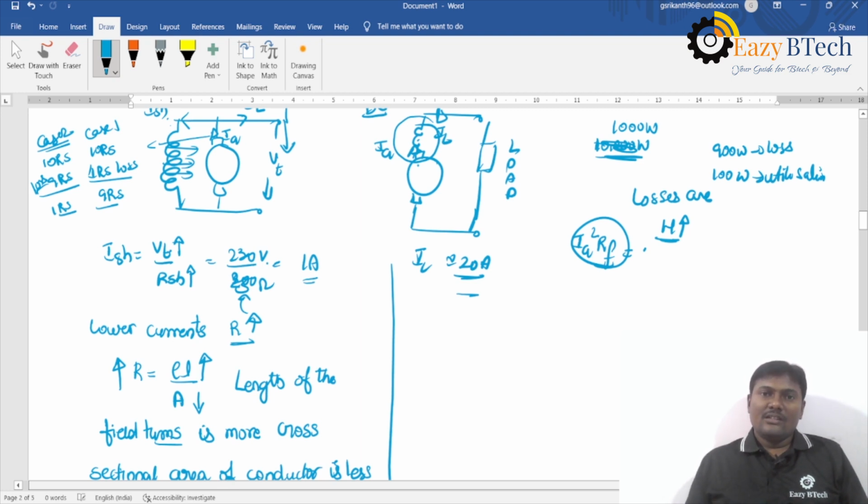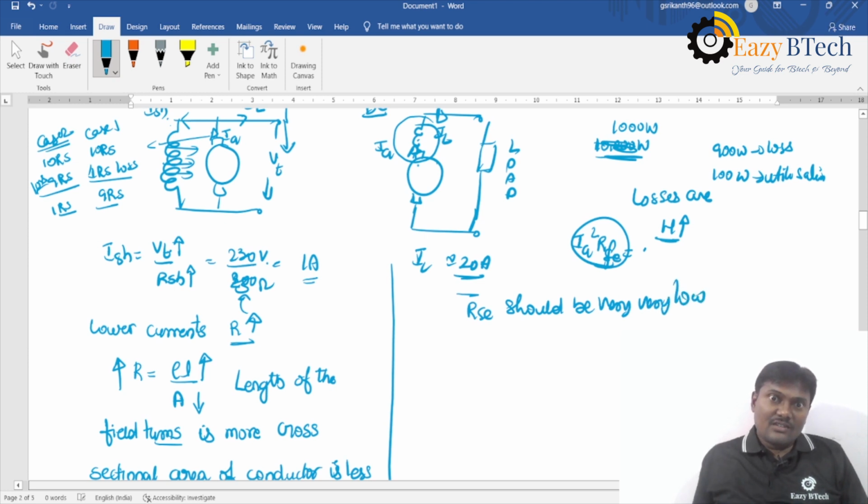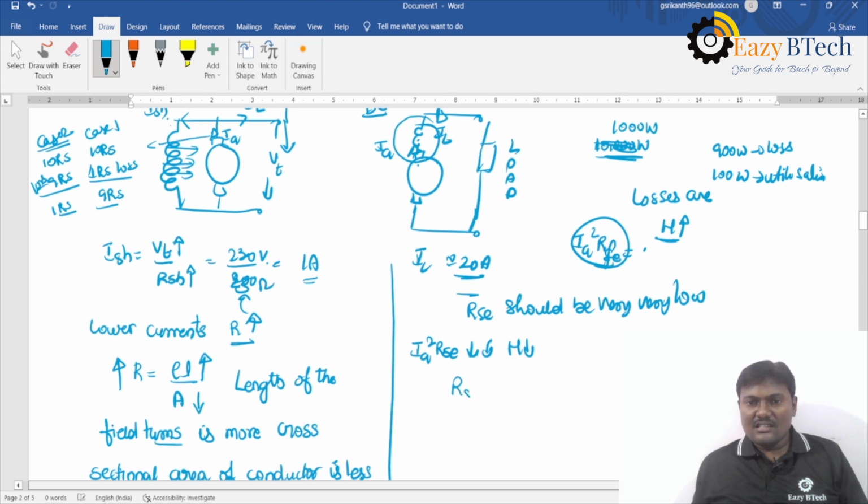That's why we design a resistance with a lower value. That RSC value should be very low. If the RSC value is low, then Ia square RSC is also low. Then losses are low, heat is also low. In order to design a lower value of resistance, R is directly proportional to length per area.